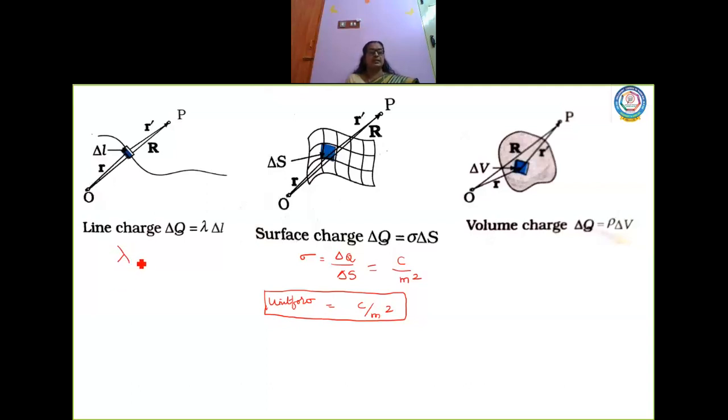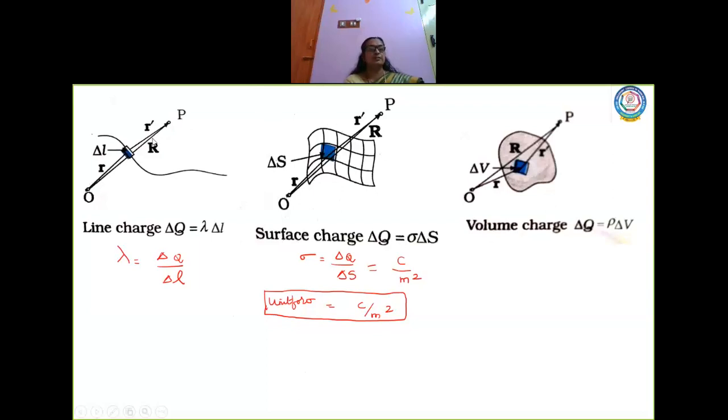So I can write the value of lambda to be del Q by del S. Here I have considered the conductor to be like this. It's a linear conductor, it's a line charge. So if in this line charge I consider a small element, now this is line, this is surface, and this is volume.